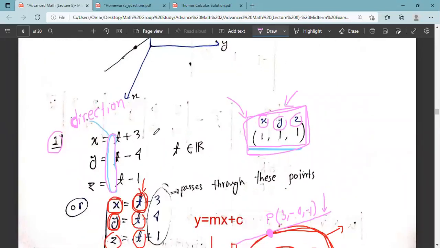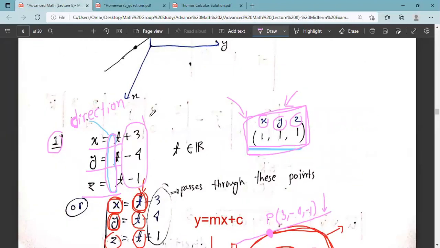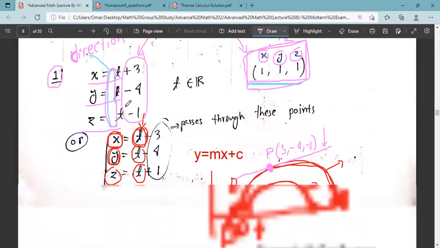So that's why I have written it this way: x equals t, y equals t, z equals t. And then this part, plus 3, -4 and -1, came from our point, (3, -4, -1). So I think now it's clear how we found this equation.